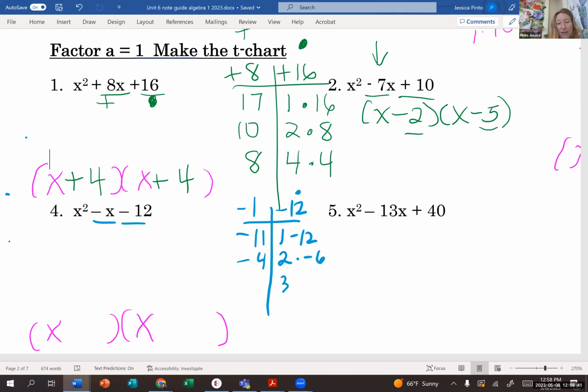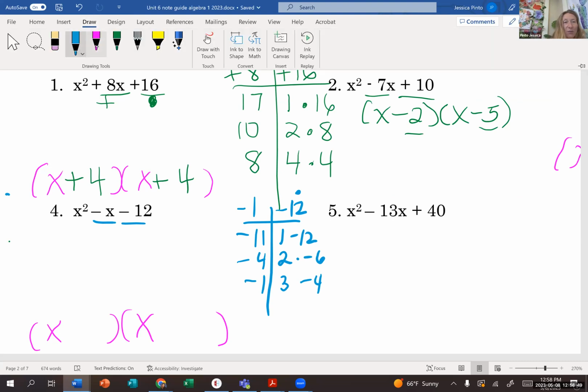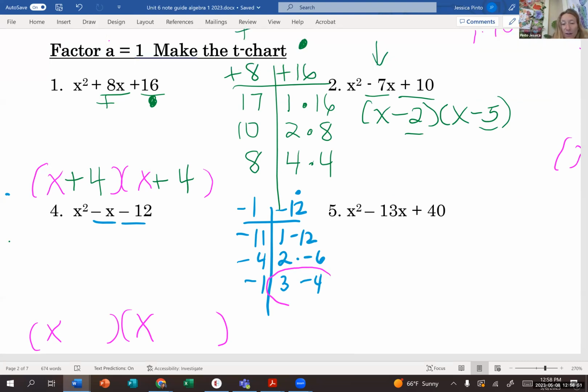Next is 3 minus 4. 3 minus 4 is negative 1. So I found the combination of 3 and negative 4. So I'm going to exaggerate this as a positive 3. And then it's going to be x plus 3 and x minus 4. I absolutely love doing this.